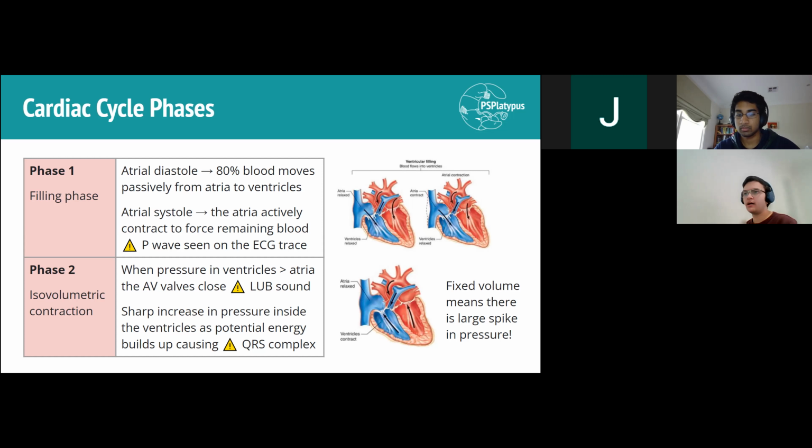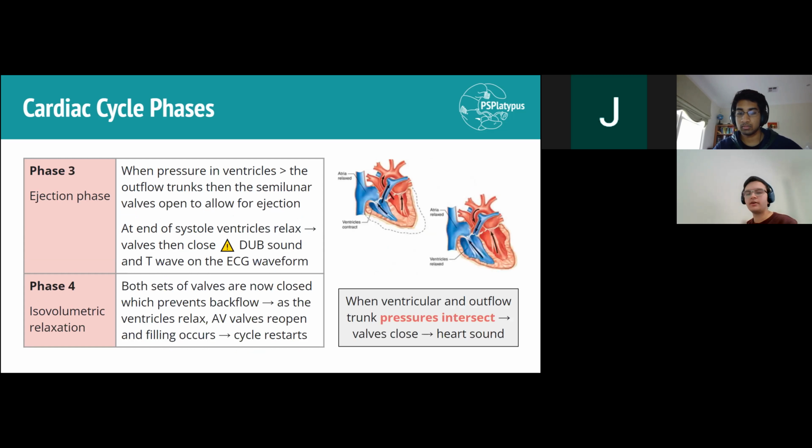Okay, so that's P wave and QRS complex done. And we've also heard the first sound. What about the other stuff? So with phase 3, all that pressure is built up. Eventually, when the pressure in those ventricles becomes higher than the pressure in the outflow trunks, for example, the aorta in this case, the semilunar valves that separate those two are going to open.